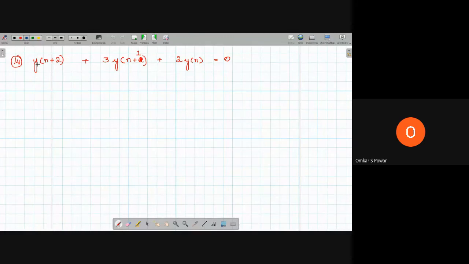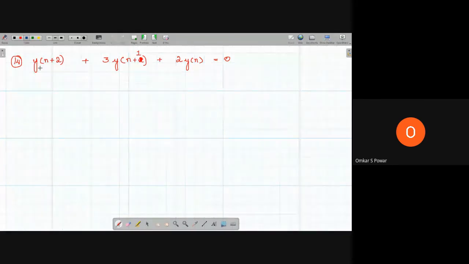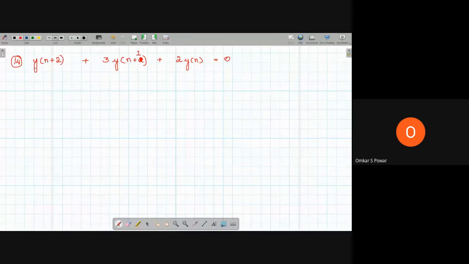Now, up till the last sum we have seen continuous time systems. From now on we will see discrete. I'm not going to write the formulas again, because while solving we will come to know. There it was t, here it is n. So y of n plus 2 plus 3y of n plus 1 plus 2y of n is equal to 0.